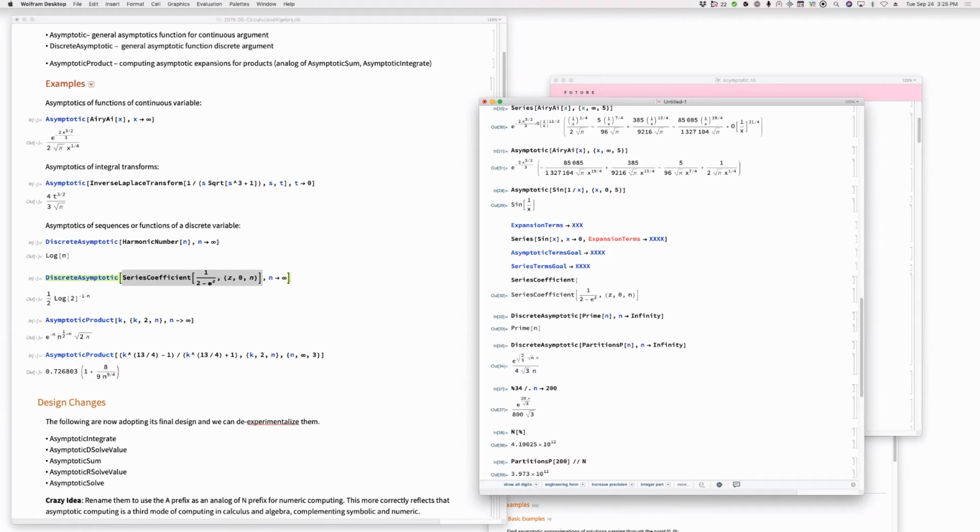In principle, a series could take, when expanding about infinity, essentially a domain. In other words, discrete asymptotic is analogous to discrete limit. Yes.